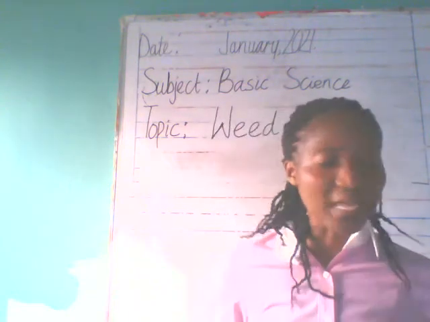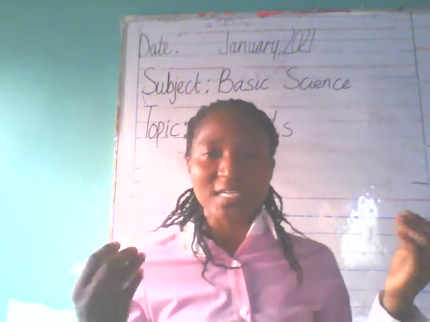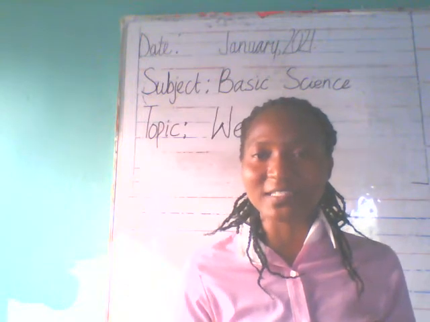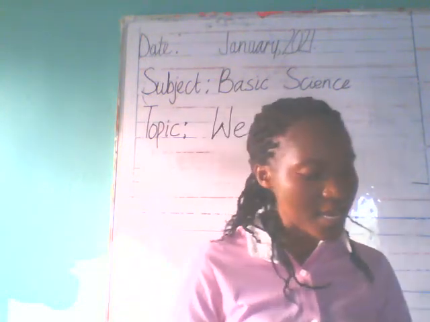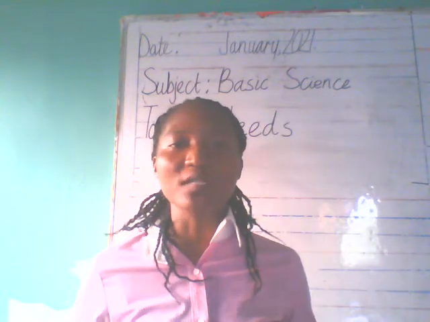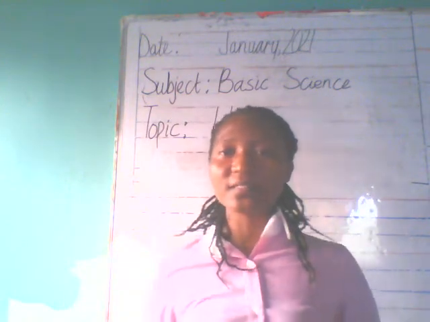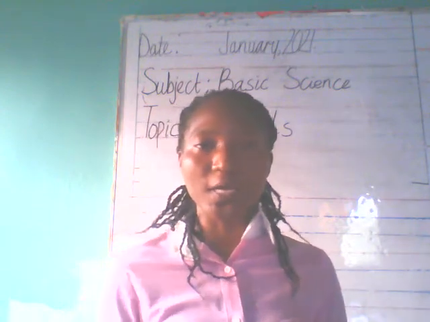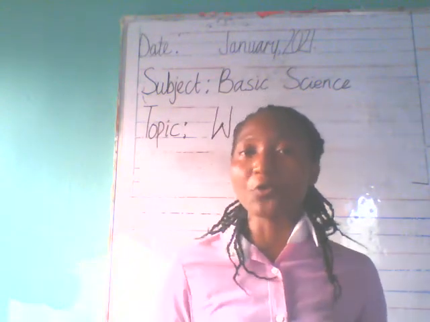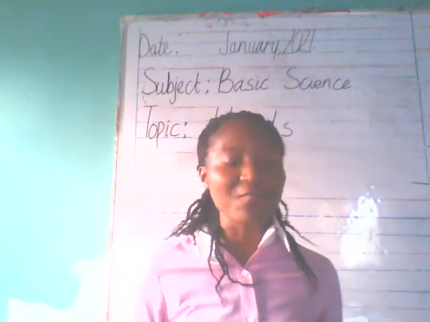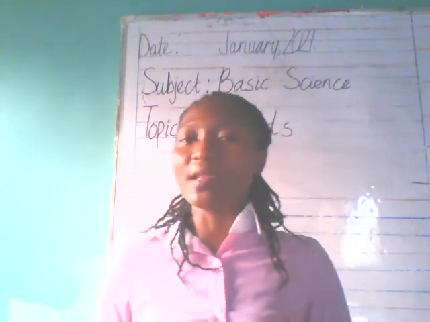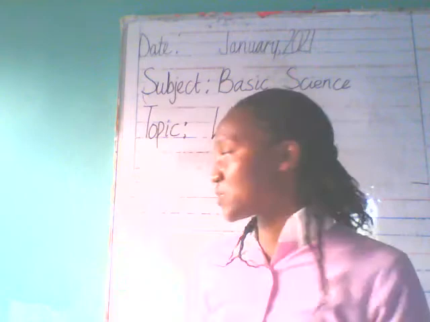Some people cook it and use it to treat a sickness called malaria. Another one is that it helps to retain water in the soil. When there are weeds in the soil where you planted your crops, it will help to retain water. Then number 5, we have the ones we call the legumes.